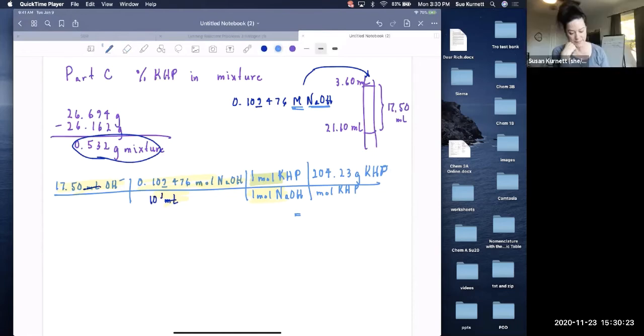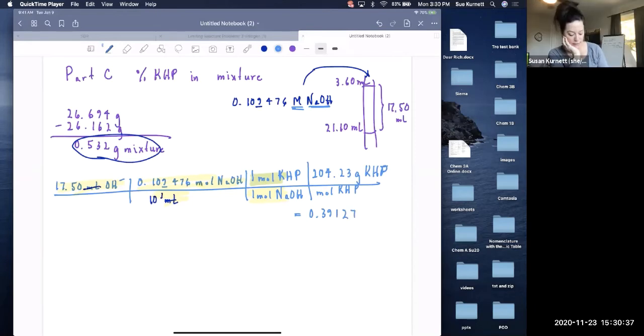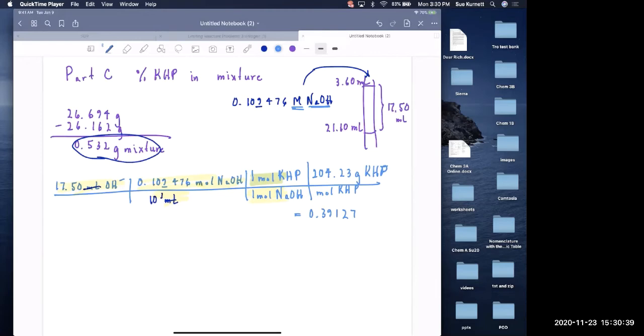What did you get? You get 0.3912710978. Yeah, I got something a little bit different for that.